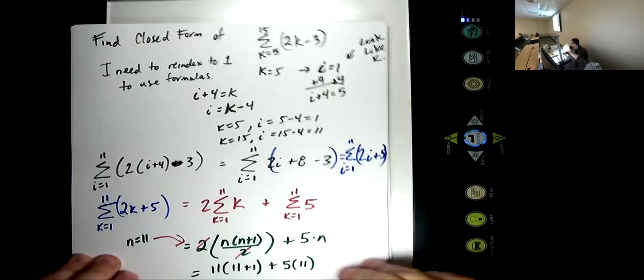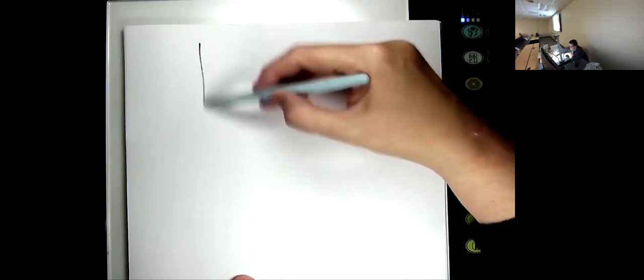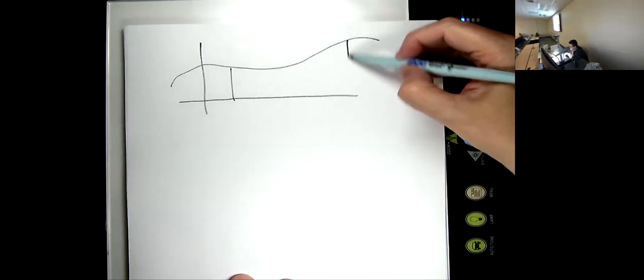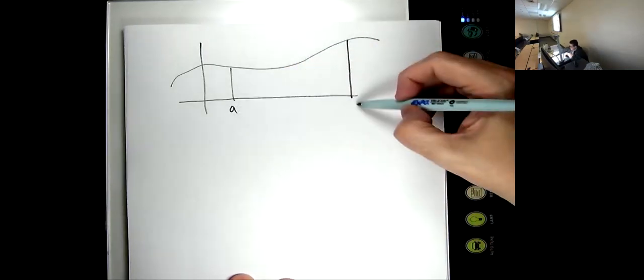All right, so where are we going with this? We actually talked about this before in section 5.1. We got some curve and we want to find the area underneath it. Let's say it starts at A and goes to B, and we want this region right here.